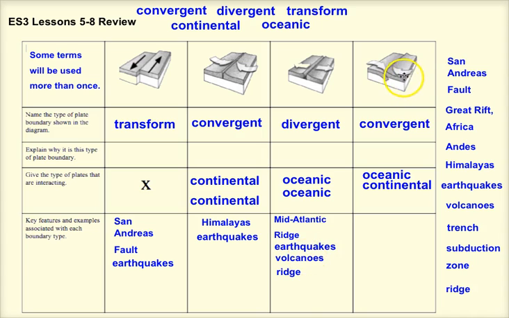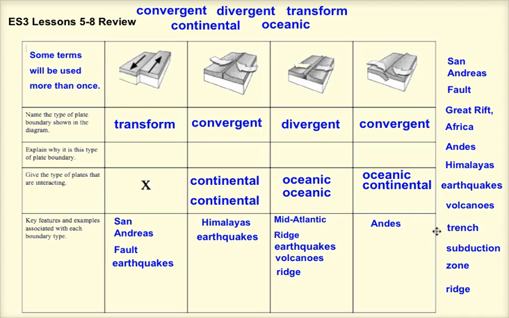Now for the final one, this is a convergent plate boundary. You said that before. It's an oceanic plate subducting underneath a continental plate. Why? Because the oceanic plate is more dense than the continental plate. So, what is this going to be? Well, this is going to be your Andes Mountains. And on the original test, some of you put multiple ones.